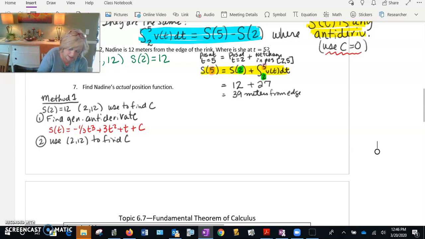And so our S of 2 is 12. We would plug 2 in, and that would give us negative 8/3 plus 12 plus 2 plus C. And then we would simply do the arithmetic for solving for C. And C ends up being equal to 8/3 minus 2, which ends up being 2/3.